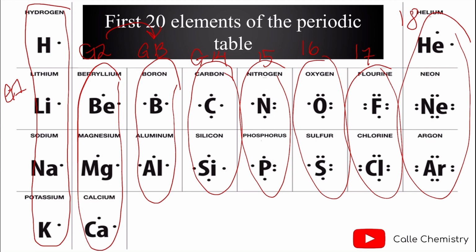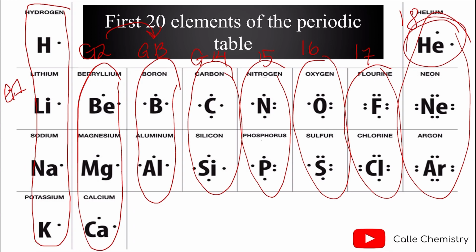Now, one thing to note, a common mistake that I see from time to time is for helium. Helium, although it's in group 18, it does not have 8 valence electrons. It only has 1 shell, and it can only hold a maximum of 2 electrons. Helium has 2 protons, so the atom has 2 electrons.